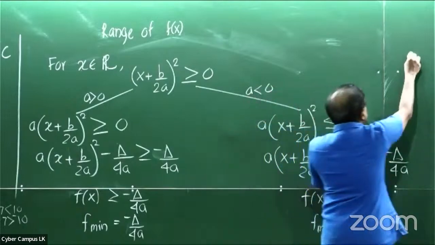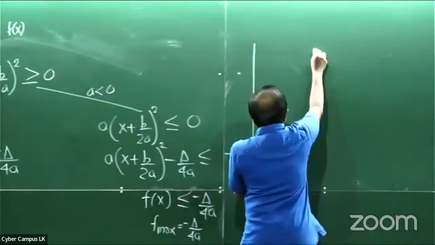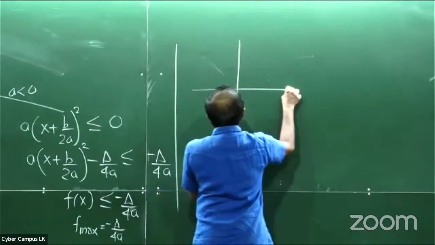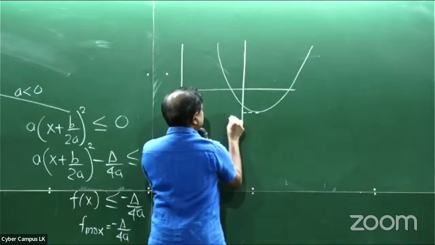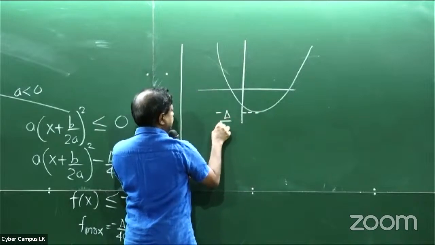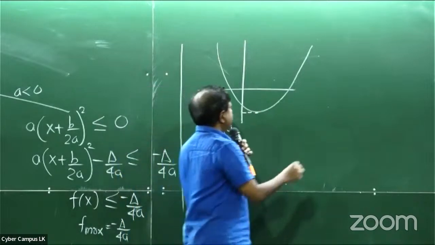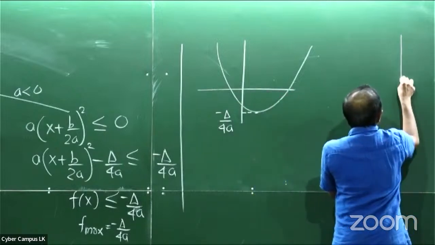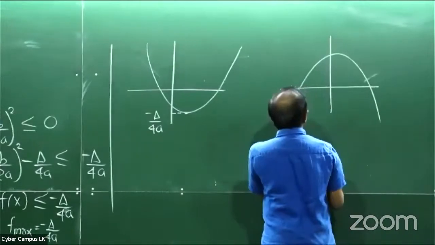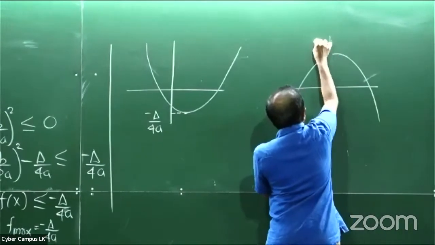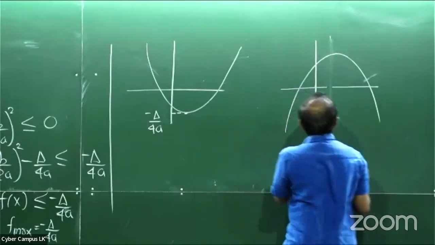If I want to indicate it using a graph, like in the first case, you get something like this, where this is the minimum value. It is minus delta over 4a. Or you get something like this. Let me shift it towards this side.